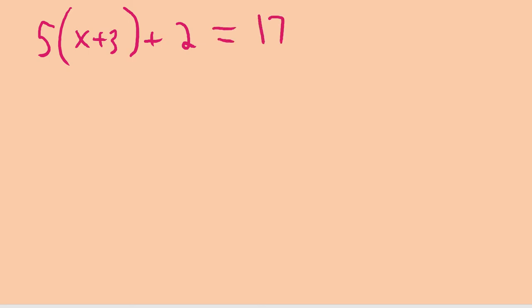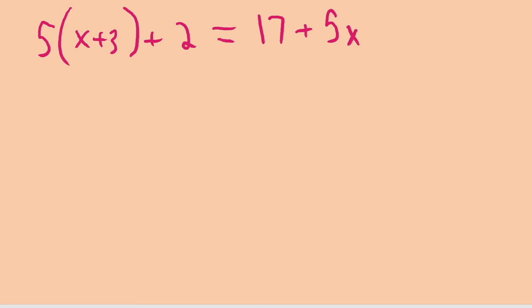All right? Okay. For the next one, we have 5 times x plus 3 plus 2, and that is equal to 17 plus 5x. All right, so let's see what this gives us. We're going to get rid of the parentheses.